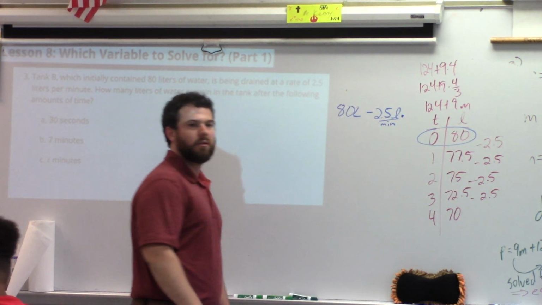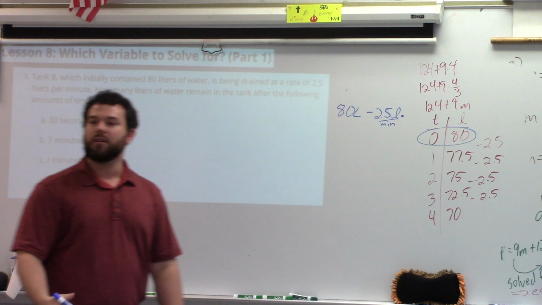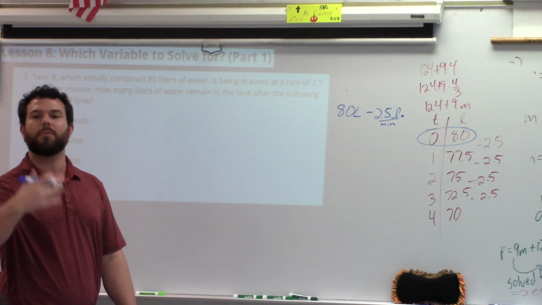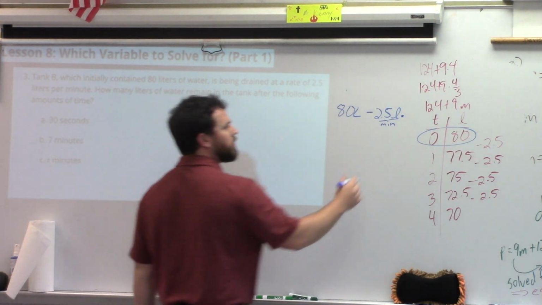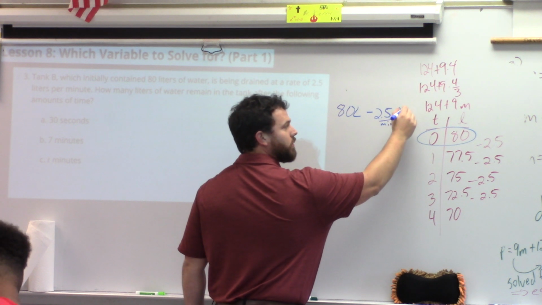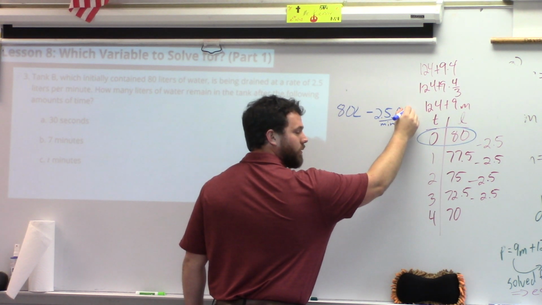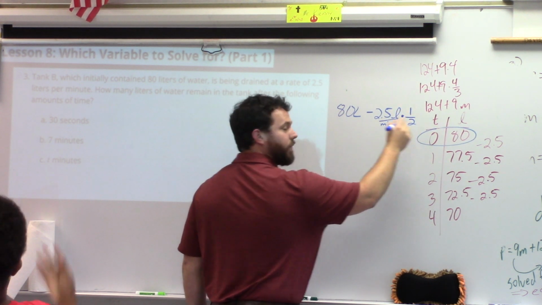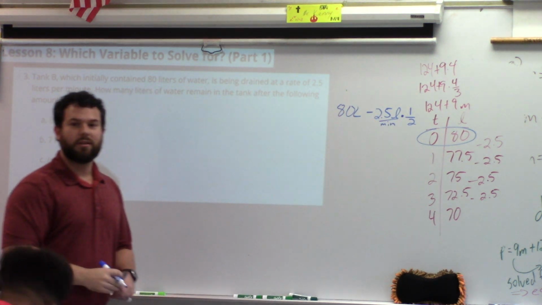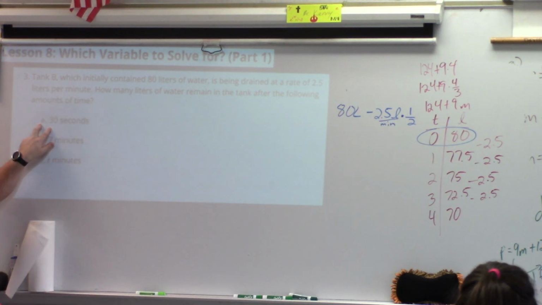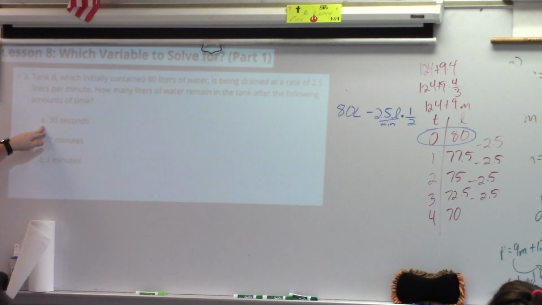Multiply. I took away 2.5 liters for half a minute, so what am I multiplying by? 0.5. Thank you for someone paying attention. I took away 2.5 liters per minute for how many minutes? That's not 30 minutes. Half of a minute.